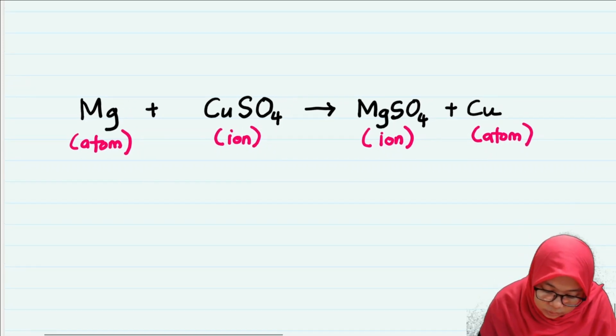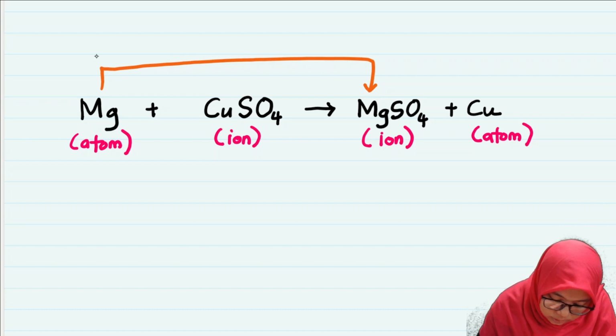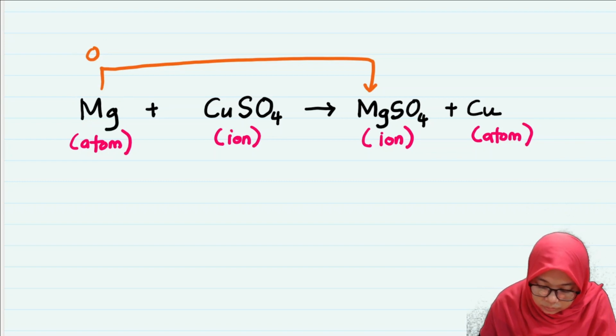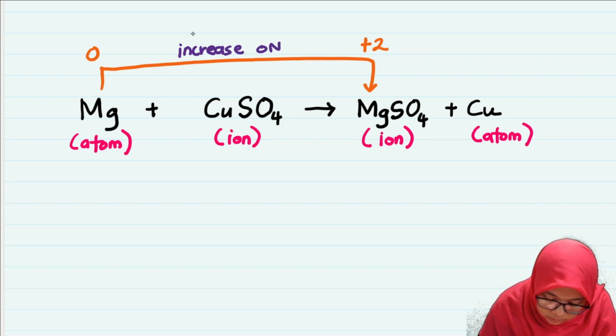So now when we are looking at this reaction, we can see that again magnesium changes its oxidation number. Magnesium atom has an oxidation number of 0, and it changed to +2. So again the oxidation number increases. So this reaction is an oxidation reaction.